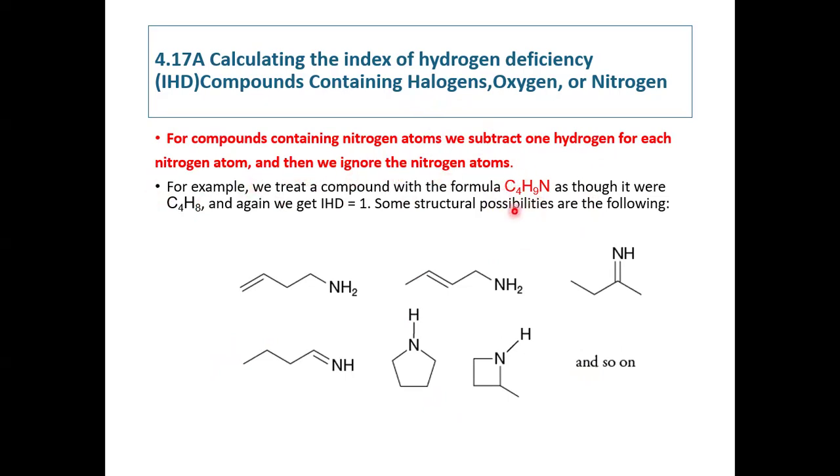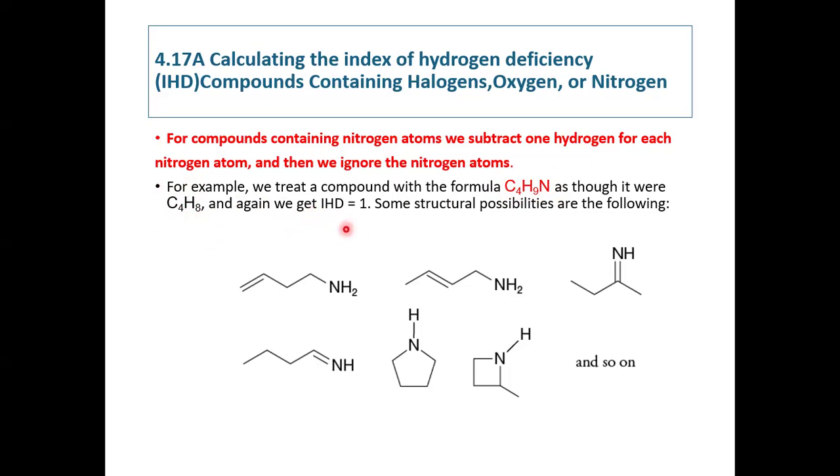For instance, you have C4H9N, so you ignore the N, so it's as if you have C4H8, and then you subtract this from the normal alkane, which is C4H10. H10 minus H8 is H2, so it's a pair. Therefore, the index of hydrogen deficiency is 1.